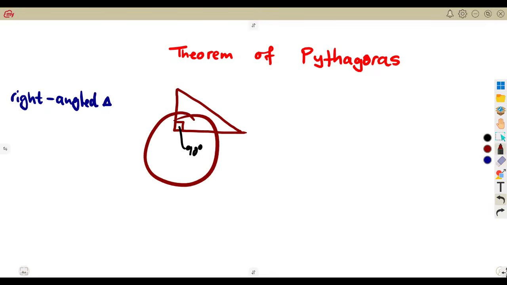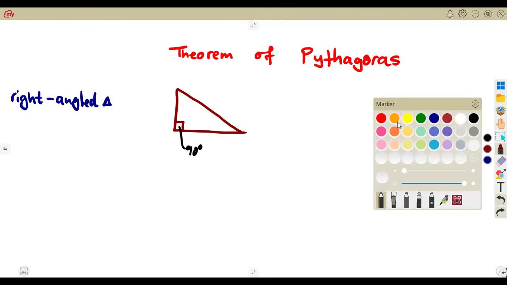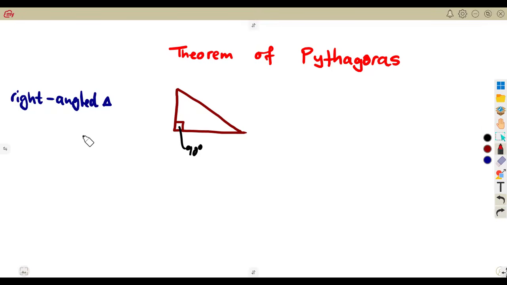Knowing that it is the biggest angle, the side which is opposite to that biggest angle, this side that I'm indicating here, is referred to as the longest side, which is the hypotenuse.